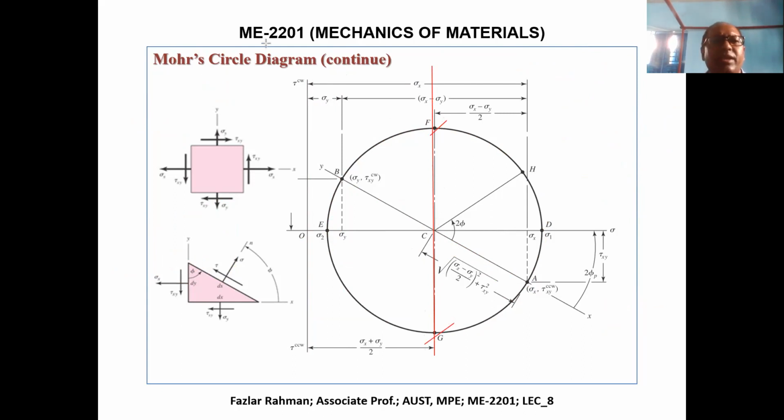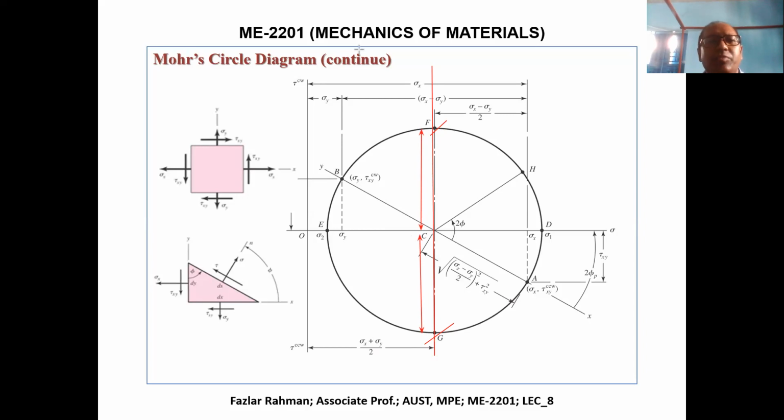Now tell me, how much will be this distance? Distance from here to here is the radius of the circle. From here to here is also the radius of the circle. And this point is the E and G point is the maximum tau.